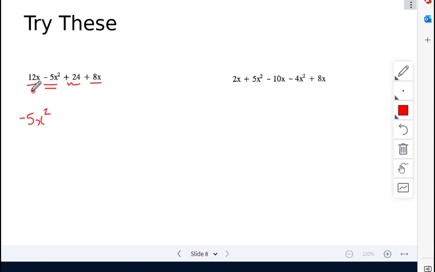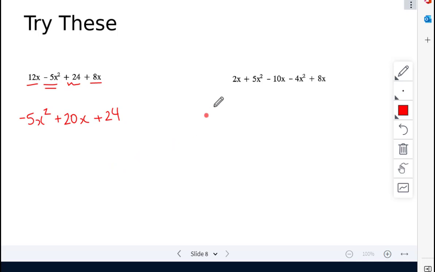All right, and then I have 12x plus 8x. Okay, that gives me plus 20x. And then I would just bring down the plus 24. All right, so this is in descending order. So we'll have the x squared, then I have my x, and then the constant.